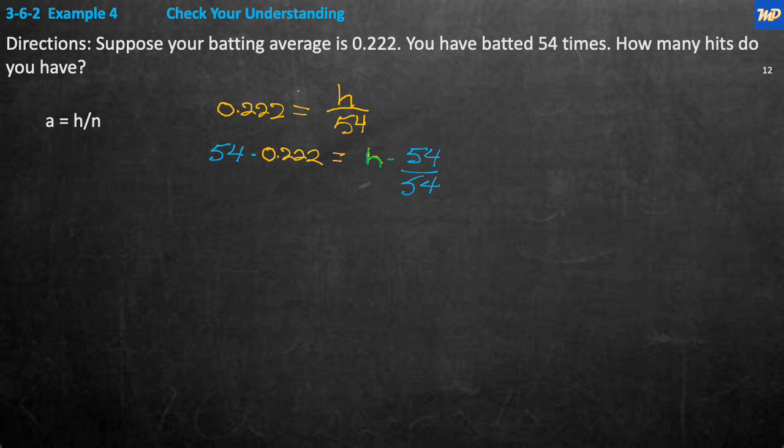So here's the 54 right here. So now you can see it clearly. 54 over 54 is equal to 1. So now I'm just going to say that the green H is equal to, and it doesn't matter what color this is going to be, 54 times 0.222 is 12. Okay?